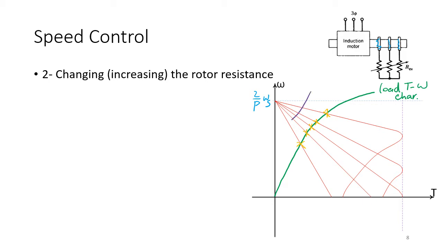Here is increasing R external. The problem is that this solution is restricted to the wound rotor. We cannot use it for the cage motors.